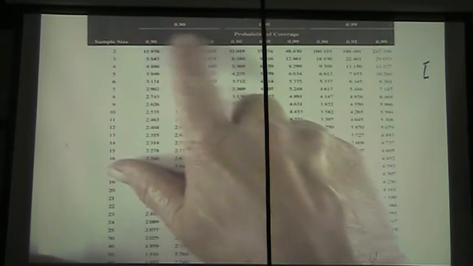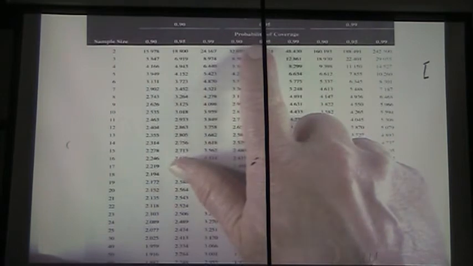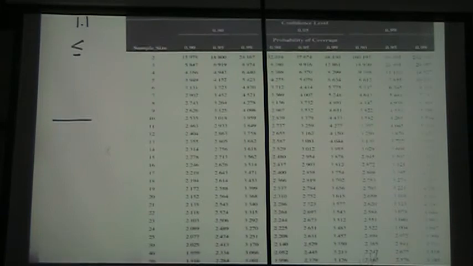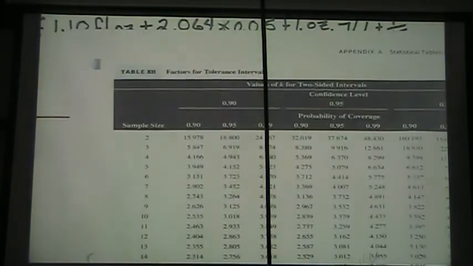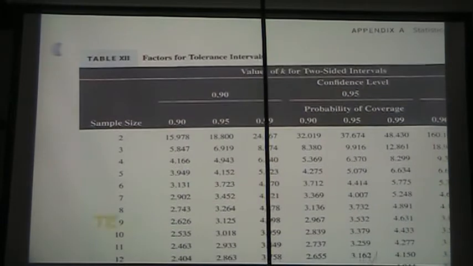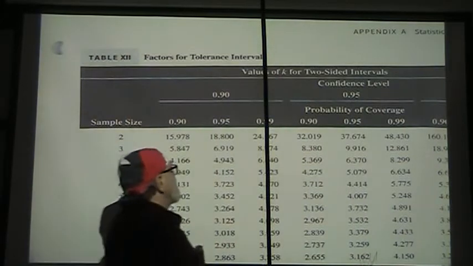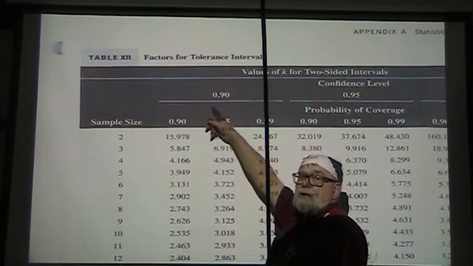Okay, so you have your confidence level and your probability of coverage, right? So let's focus in. So this is a 90% confidence level.